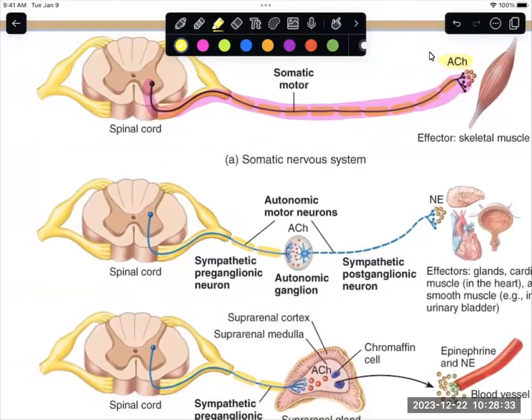So we have that one neuron myelinated that is going to that autonomic ganglion. We release out that acetylcholine, which is going to allow this sympathetic neuron to go to its effectors.